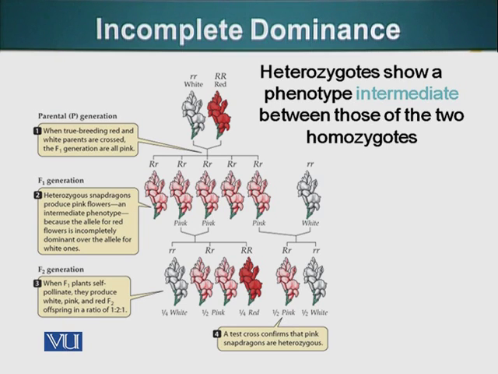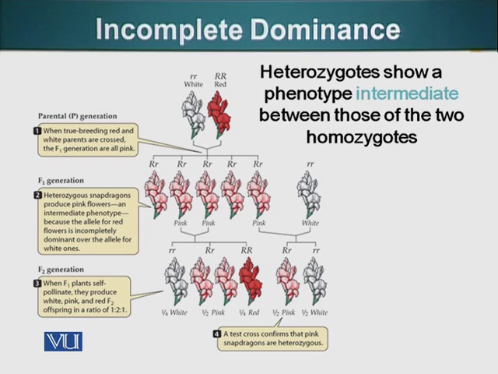Additionally, we can do a test cross, which we have talked about previously, between a heterozygous pink flower from the F1 generation and the homozygous white flower. We know if we cross heterozygotes with homozygous recessive, 50% of the progeny will be heterozygous and 50% will be homozygous recessive.